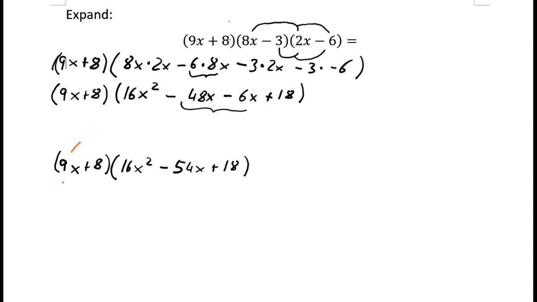So we start with 9. We've got 9 times 9x times 16x squared. That's the first one.